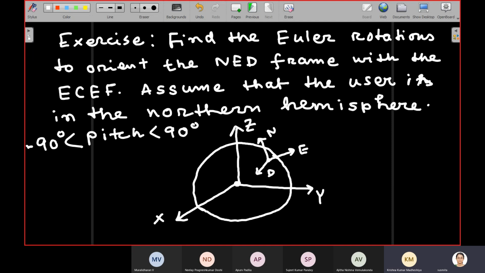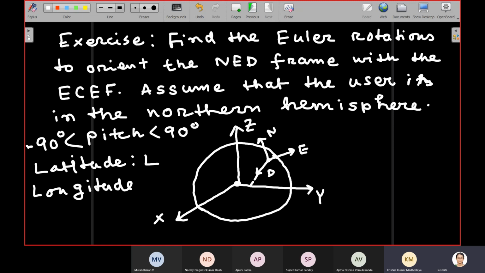Right? And assume that the latitude of the user is L, geodetic latitude, longitude lambda. Okay? And you can assume that the user is on the ellipsoid. Okay, which is 0. So what you need to do is you need to find the Euler rotations.